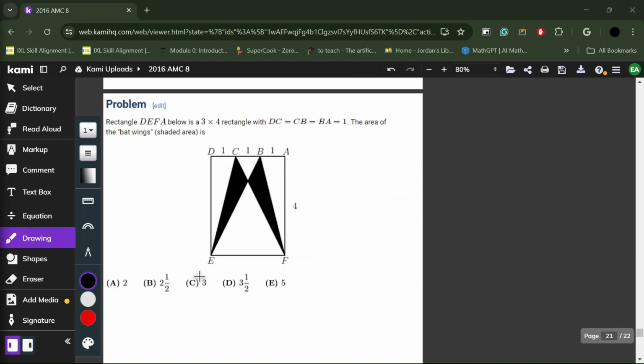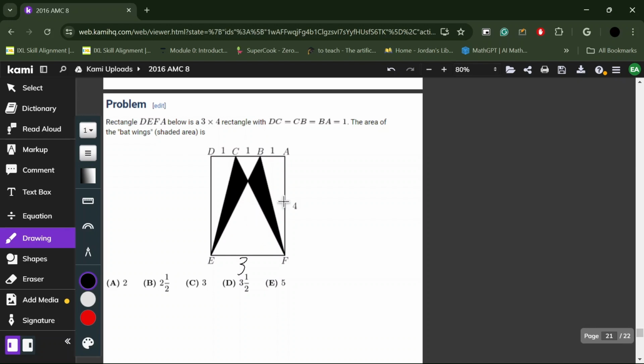Rectangle DEFA below is a 3x4 rectangle with DC equal to CB, which is equal to BA, which is equal to 1. The area of the bat wings, the shaded area, is blank. So it says this is 3.